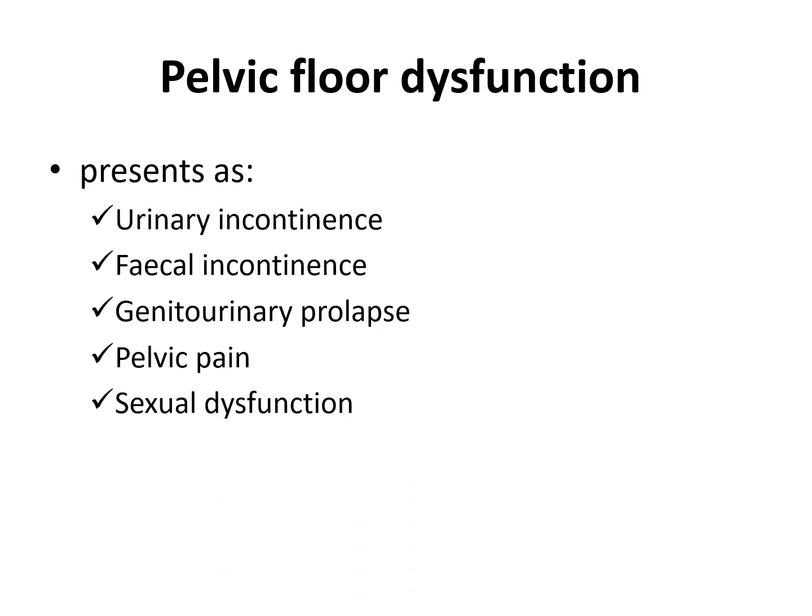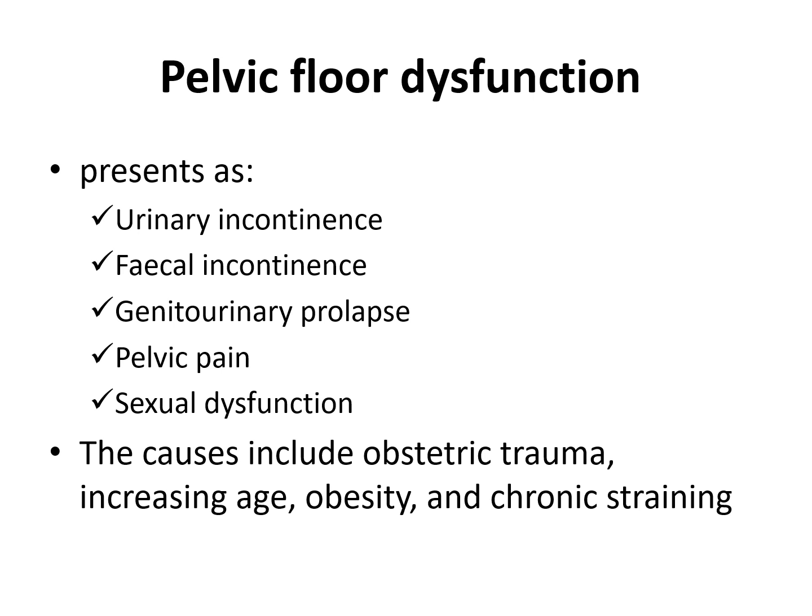As the functions of the pelvic floor indicate, in pelvic floor dysfunction we have urinary incontinence, fecal incontinence, genitourinary prolapse of the vagina and the uterus, pelvic pain from the stretch of the ligaments, and definitely sexual dysfunction. The causes include obstetric trauma, trauma during delivery, increased age, obesity, and chronic strain.